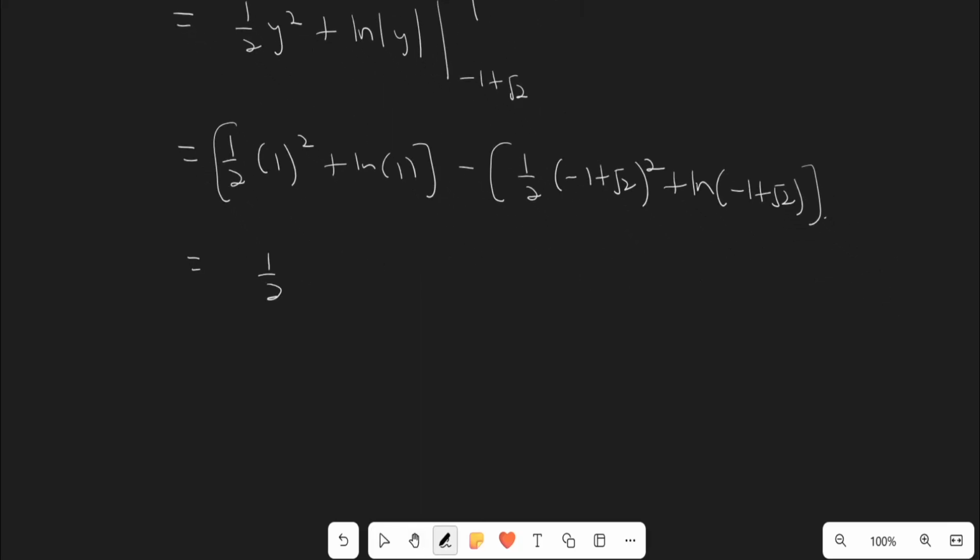This is 1/2. Ln of 1 is 0, minus, this is 1/2 times, you can FOIL this, and that will be 1 minus 2 square root of 2 plus 2, plus the ln of root of 2 minus 1.